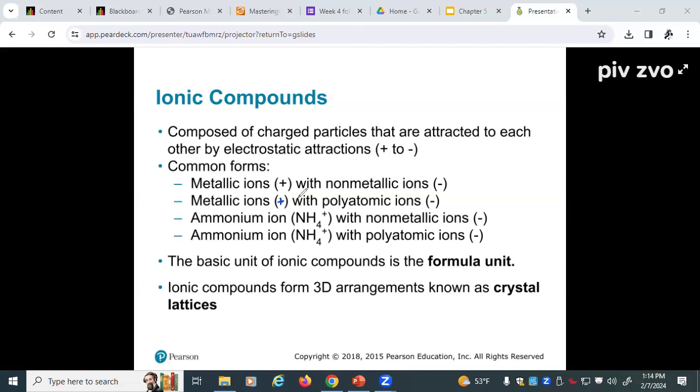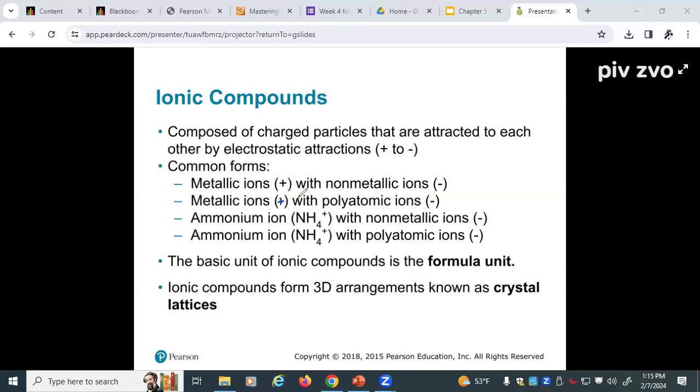Now, when it comes to ionic compounds, there is a little bit of terminology here that is different. With molecular compounds, we focus on the idea of a molecule, a molecule being the smallest unit of a compound. With ionic compounds, we don't call them molecules because they don't really exist individually.